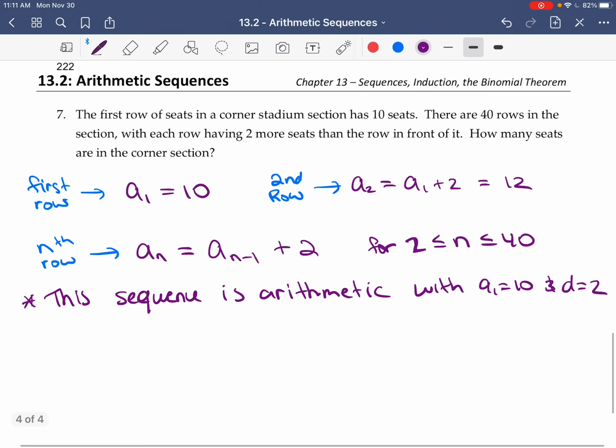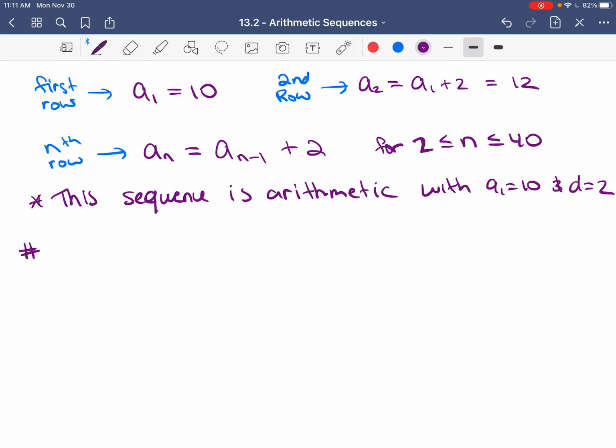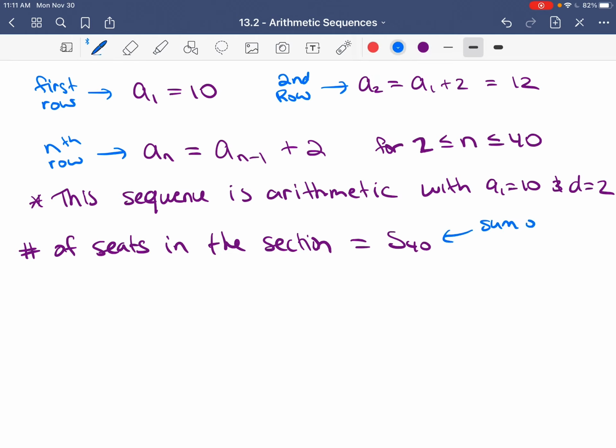So it wants to know how many seats are in this section. The number of seats in the section is equal to the sum of the number of seats in rows 1 to 40. So that's going to be S_40.